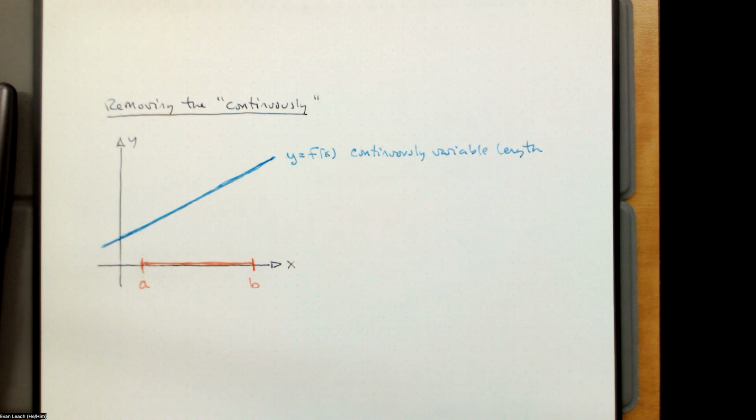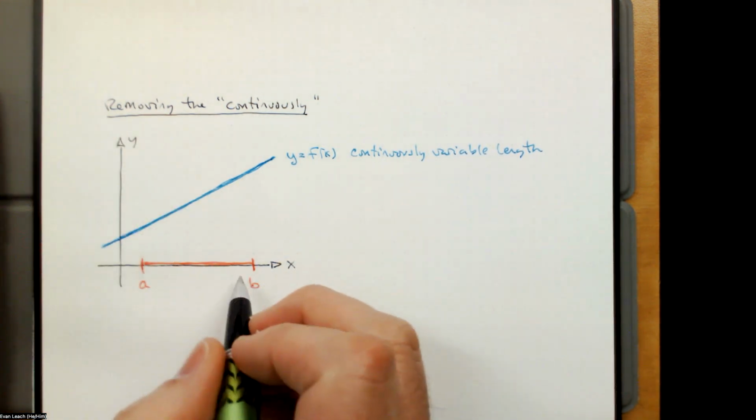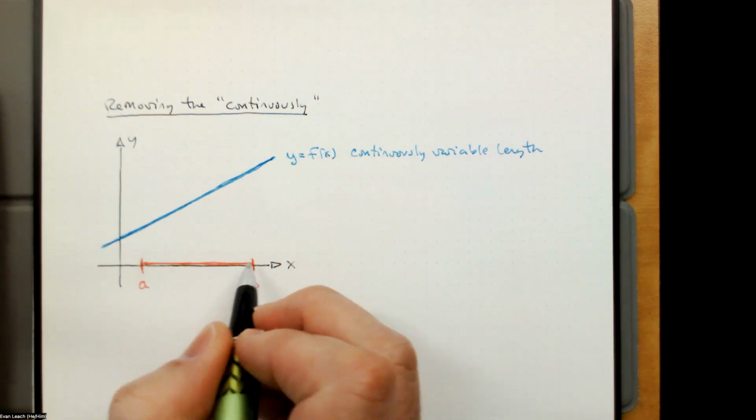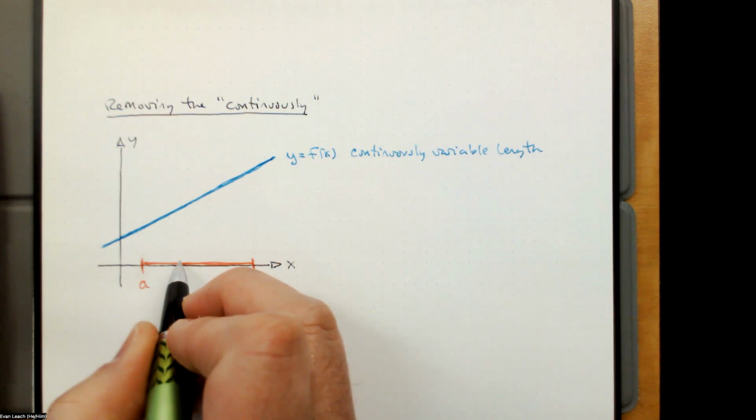And that's going to mean dividing our interval from A to B into smaller subintervals.